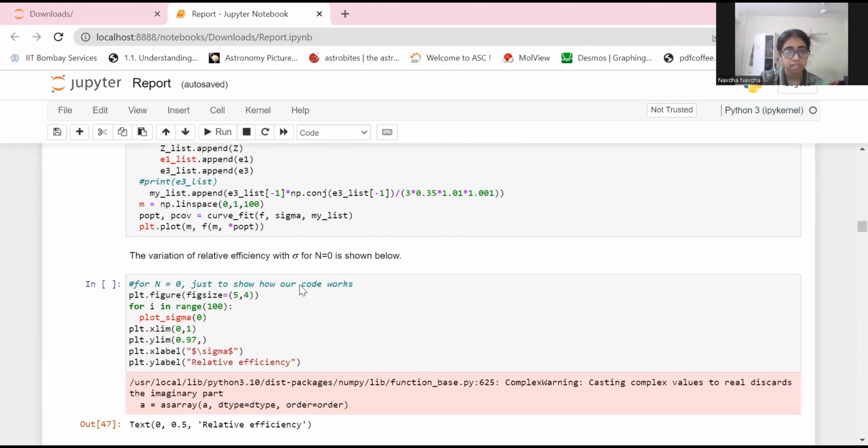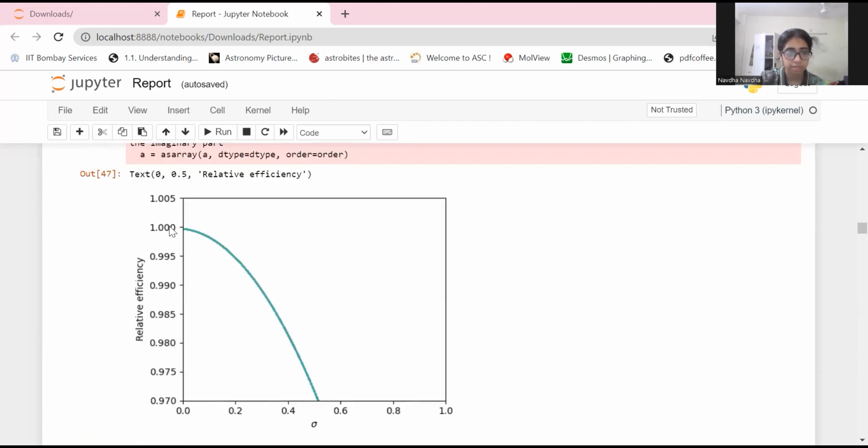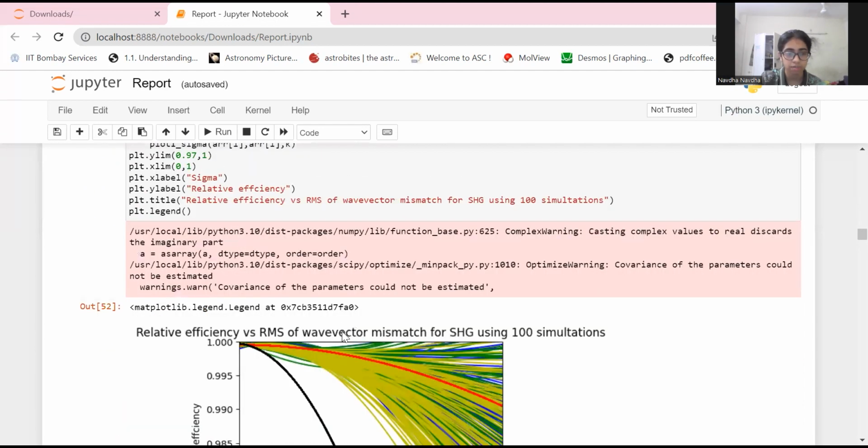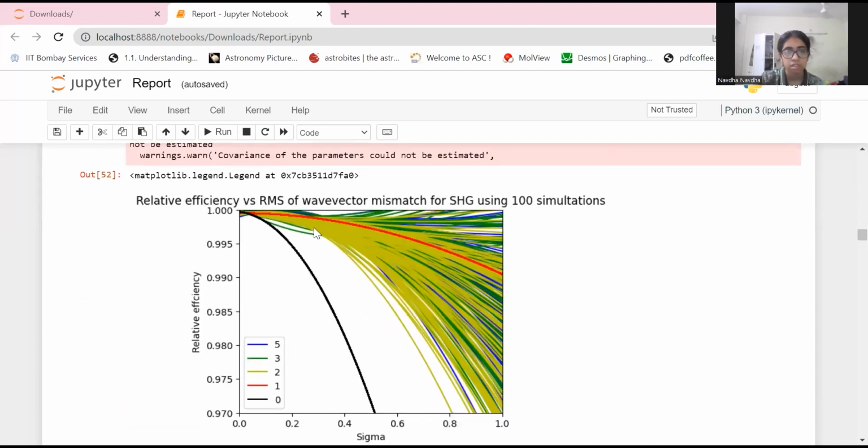Again, this is done here for one case, which is the n equal to 0 case. This curve looks very similar to what we obtained for relative efficiency versus rho for n equal to 0. Again, for a clearer picture, we obtain all the curves together and then analyze them. As was seen in the case of rho, the decrease in the relative efficiency for n equal to 0 versus sigma is much faster as compared to higher order polynomials.